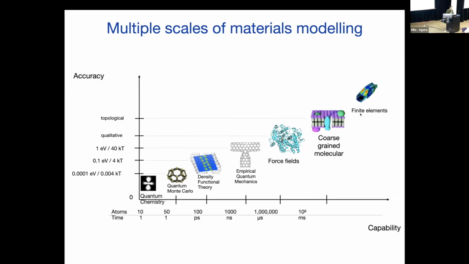In between, there's a whole bunch of techniques that are systematically approximating the equations of quantum mechanics with, as you go up here, more and more capability, but less and less fidelity. And typically, when you're a scientist working somewhere along this length scale, you pick the method which is appropriate for your question.